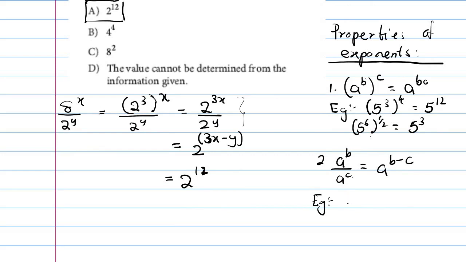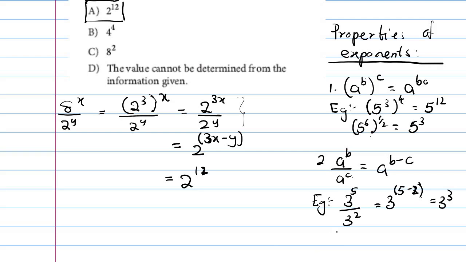Let's say you have 3 to the 5 over 3 to the 2, right? This becomes 3 to the 5 minus 2, which is 3 to the 3. Let's do another example.